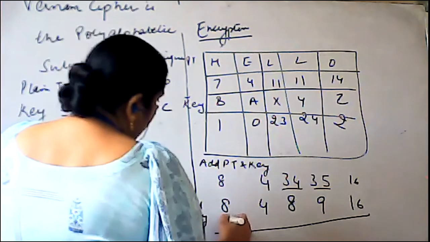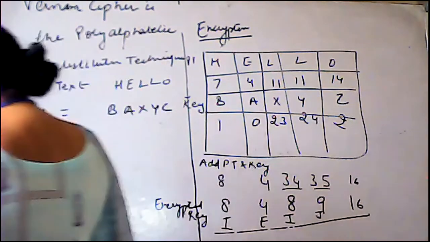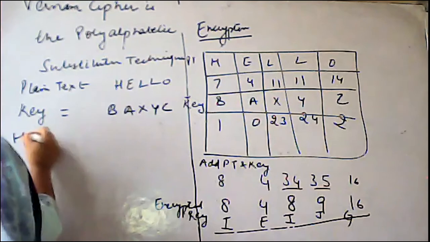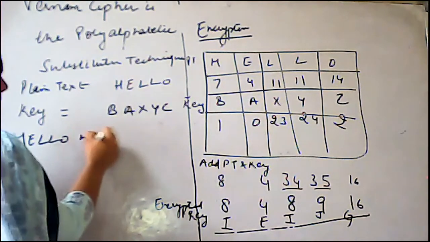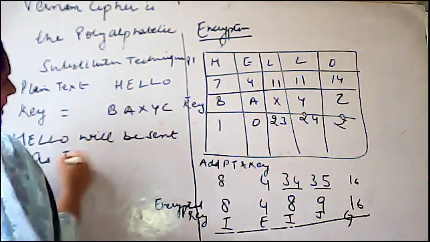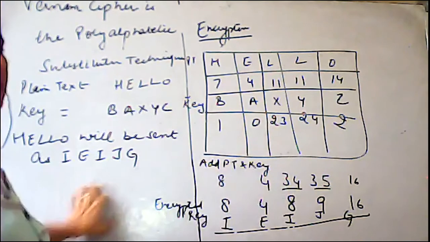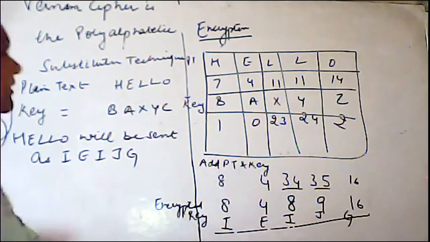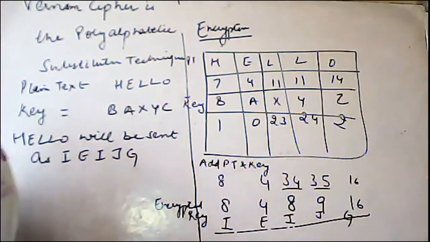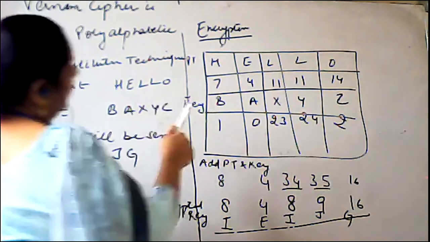And find the values: I, E, I, J, then you have G. So hello will be sent as I, E, I, J, G. Fine. Now how to decrypt it? First of all, I repeat the encryption.